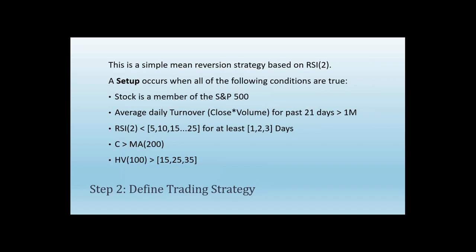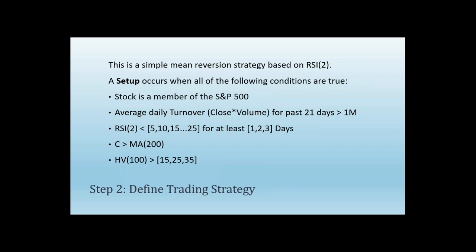The RSI2 is going to have to be less than some threshold, and the thresholds I tested were 5 through 25 in increments of 5, and the RSI2 has to stay below that threshold for 1 day, 2 days, or 3 days. And I tested all those independently. I do require that the close of the stock that's being traded is greater than its 200-day moving average, and I require it to have some amount of historical volatility.